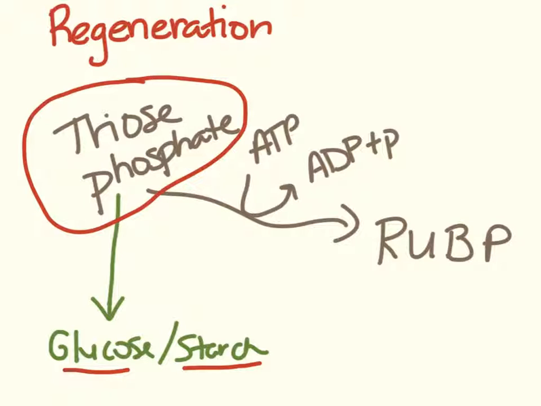Now, some of those other triose phosphates are going to again utilize more ATP that was generated in the light-dependent reaction, and we are going to form more RuBP, which will then fuel our next set of carbon fixations, and will keep this cycle going in a cyclic pattern.